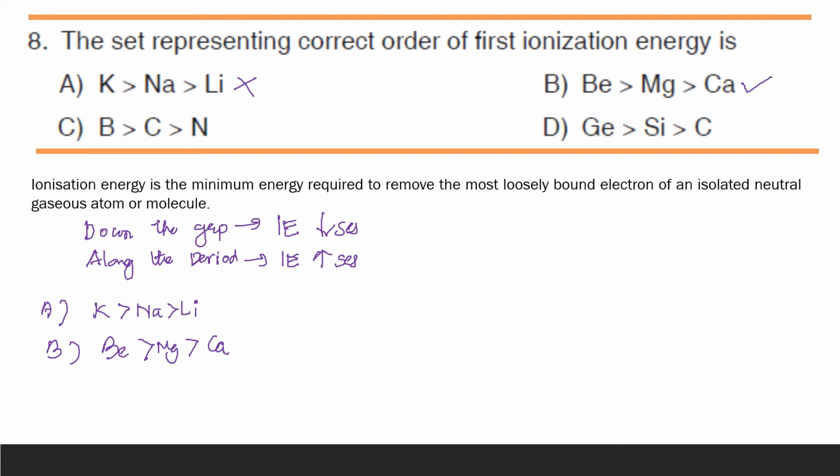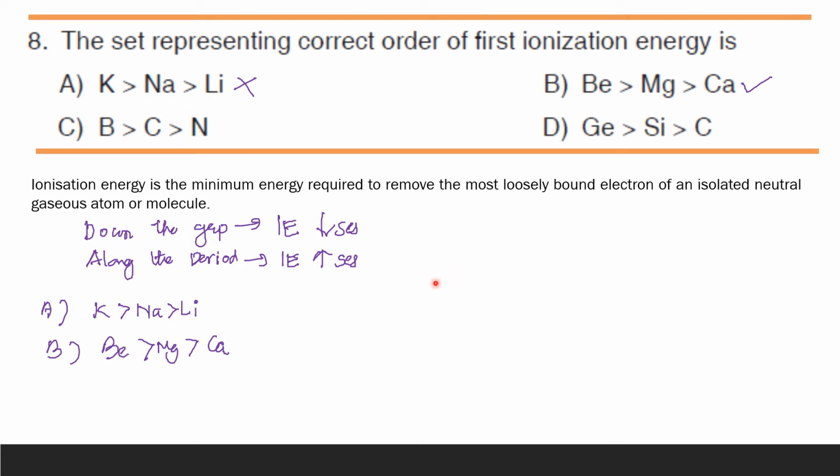Now we'll just have a look at the other two options as well. When you look at the third option, which is boron, carbon, and nitrogen, these elements belong to the same period. The earlier options were elements that belong to the same group, but this is a combination of elements belonging to the same period.